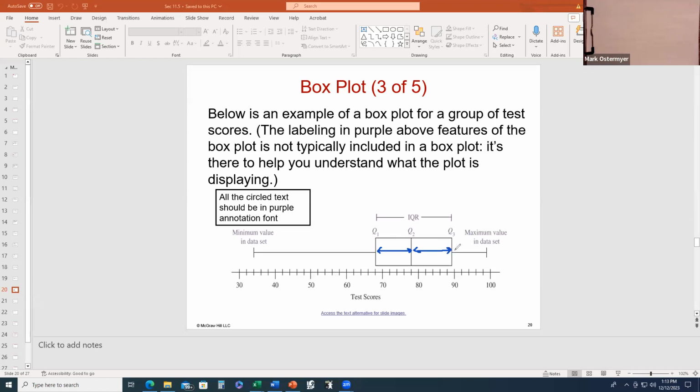Ladies and gentlemen, we would say that this data set, for all practical purposes, is symmetric and bell-shaped. In other words, if you were to make a frequency histogram of the middle 50% of your data, we would expect it to be symmetric about the median value.